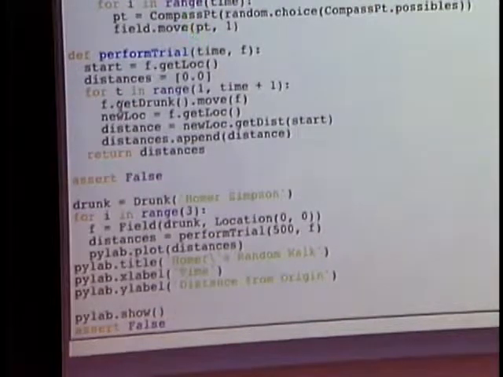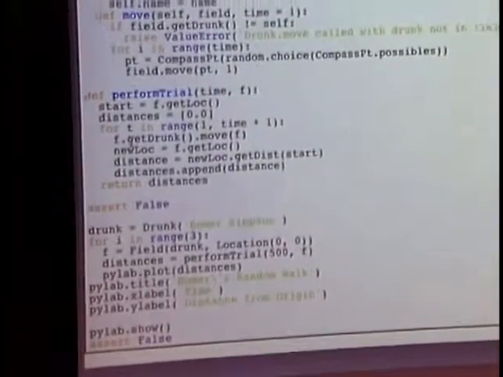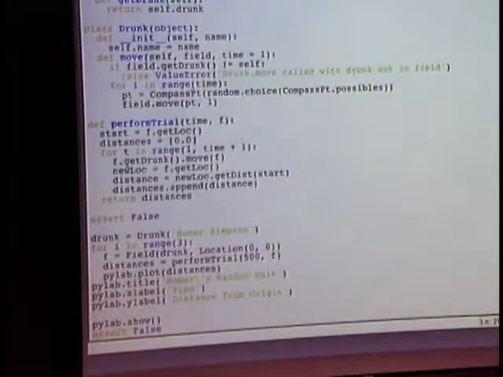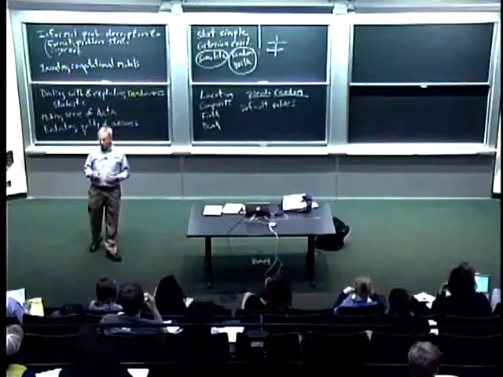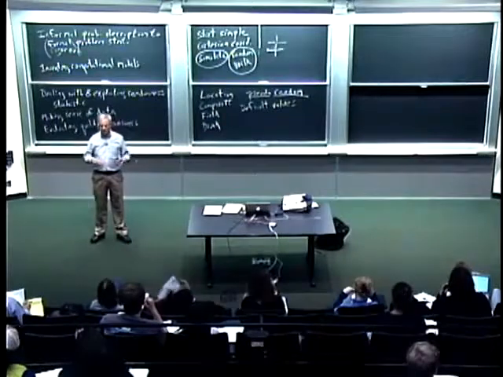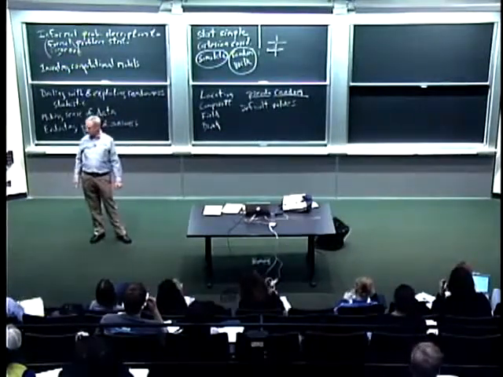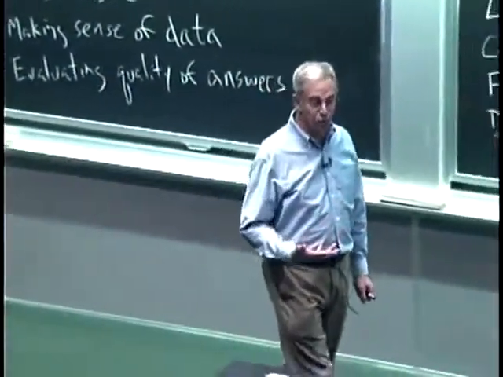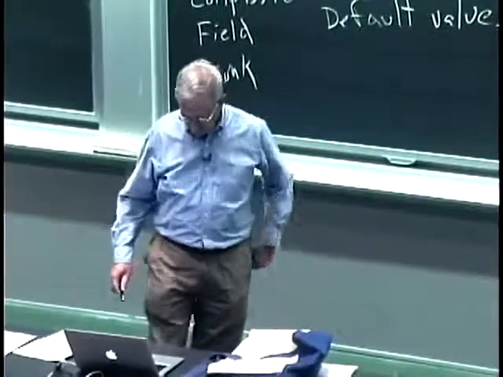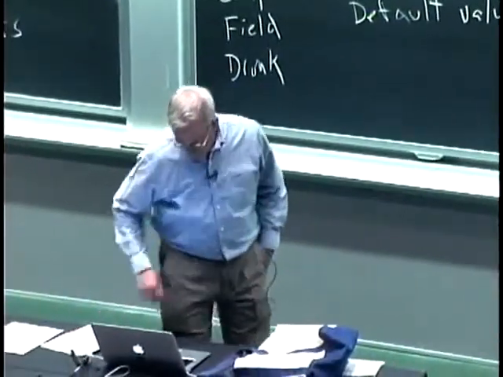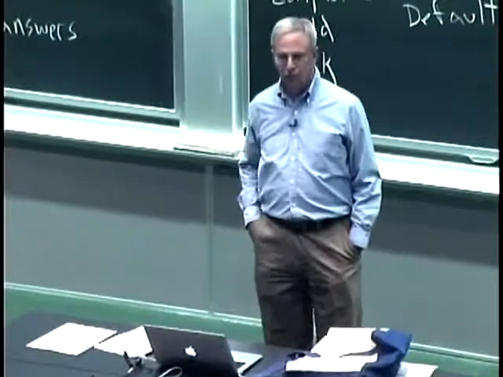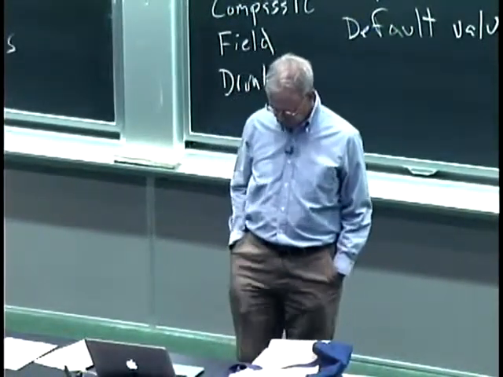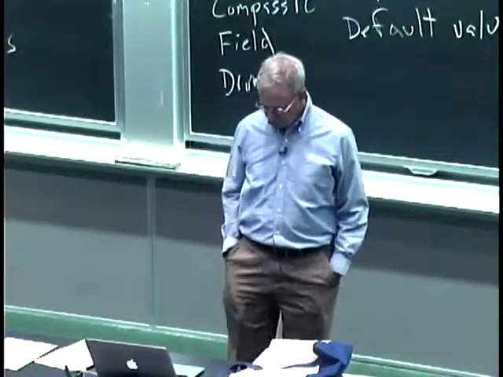And then I can select the method associated with that object, the move method, and move the drunk. This gets back to a point that we've emphasized before, that these objects are first-class citizens in Python. You can use functions or methods to generate them and use them just as if you've typed them. So that will get me that. And then I'll call the move of that drunk with the field. Then I'll get the location, the new location.